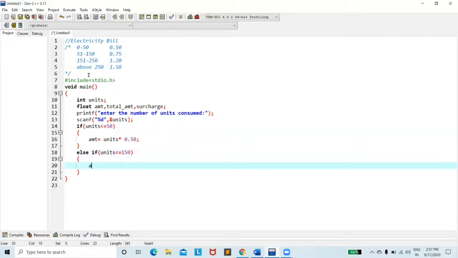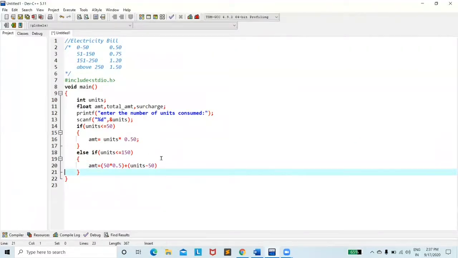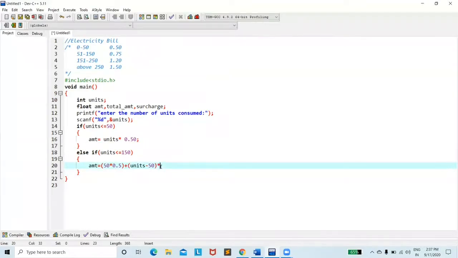Then the amount will be: if the units is less than or equal to 150, then the first 50 units will be calculated with 0.5, plus the remaining units, that is units minus 50, will be multiplied with 0.75.